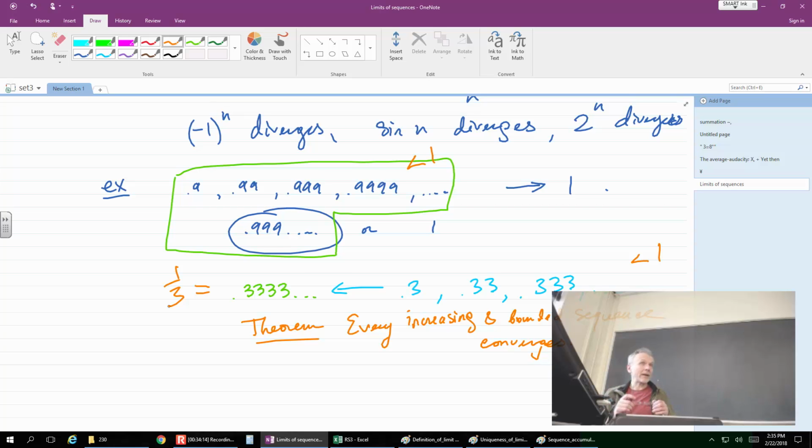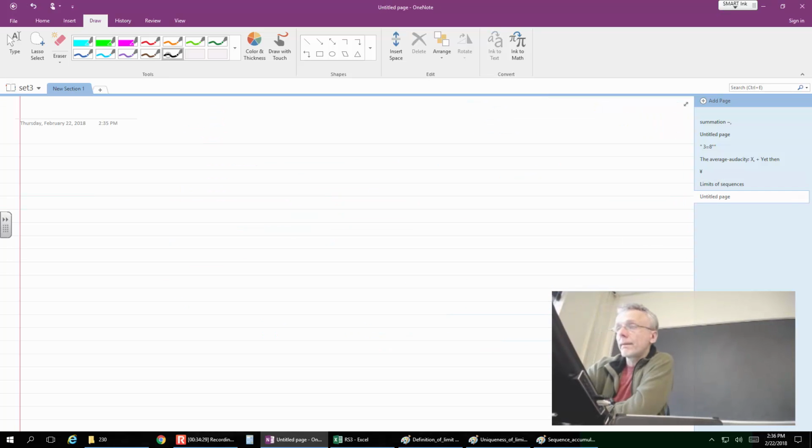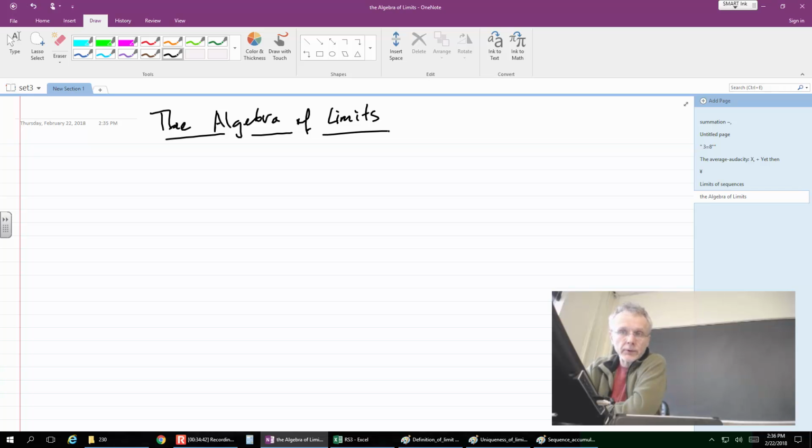You also add the limits, okay? Same with subtraction, same with multiplication, same with division as long as the limit is not equal to 0. All of these rules apply. So let me state these. It's called the algebra of limits, and it totally follows the algebra of limits for functions.